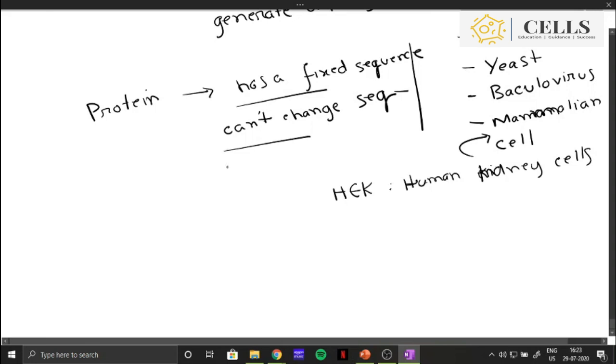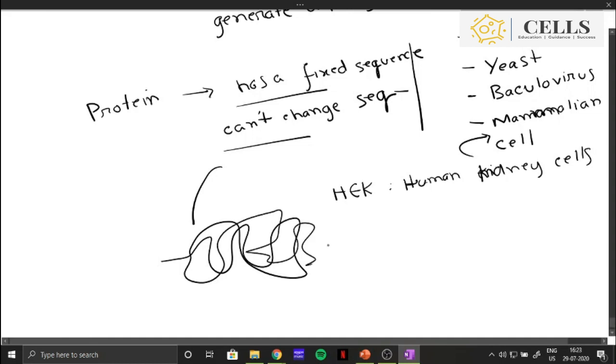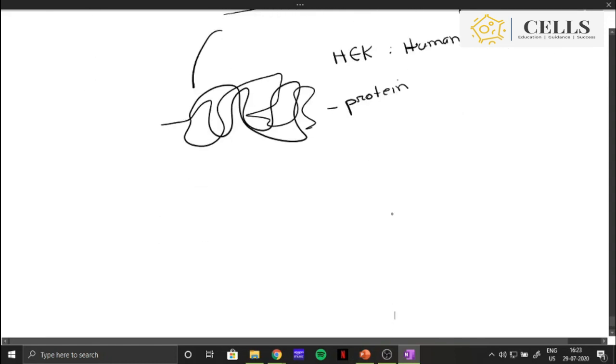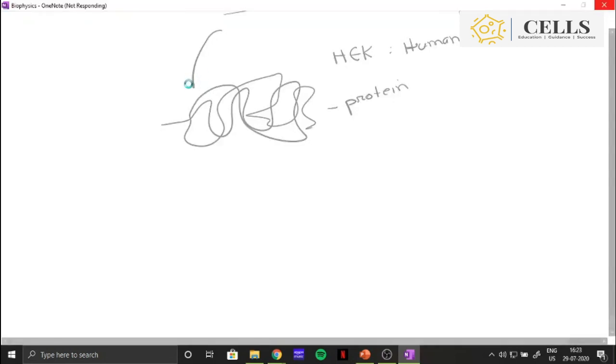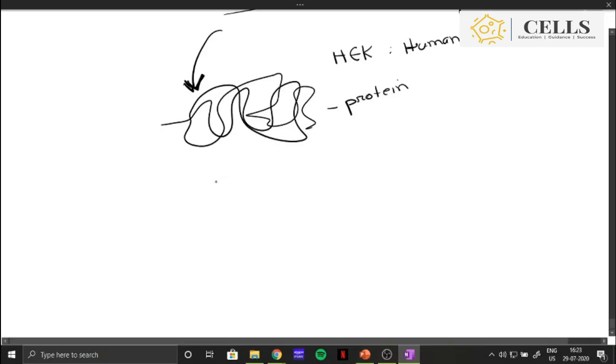For that reason, suppose this is the protein, a polypeptide. You can't make any change in the structure.